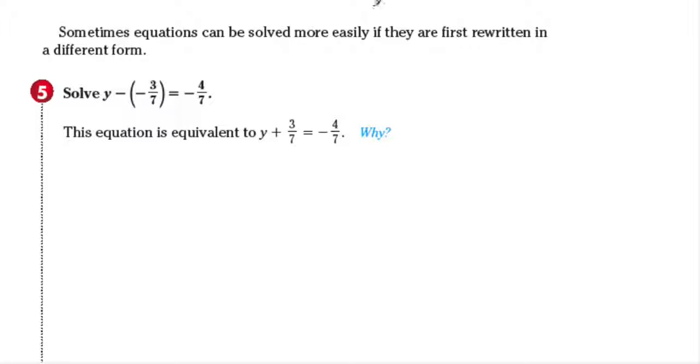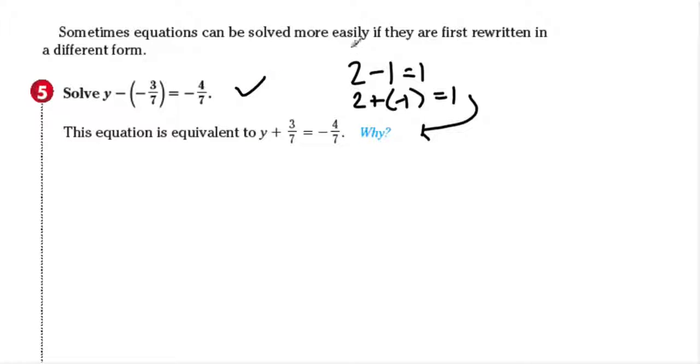Remember, we talked about this one. When you're subtracting 2 minus 1 equals 1, what you're actually doing is you're adding the additive inverse of 1, which is negative 1. And that's the same case here. So you have y plus 3/7 equals negative 4/7 from this equation, and from there we proceed in solving our equation.